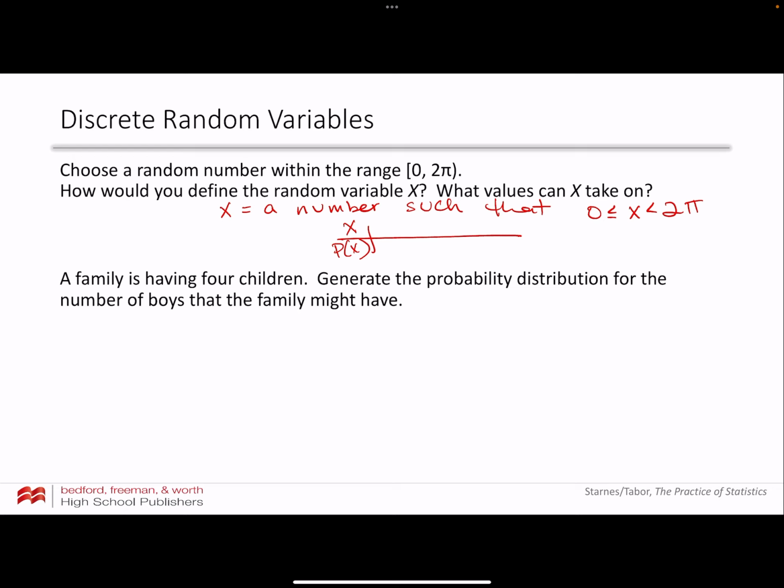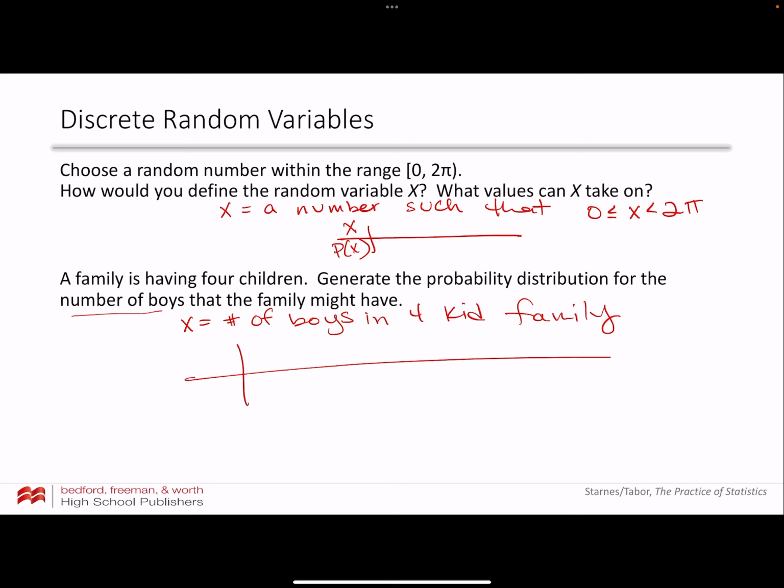family might have. Well, if x is the number of boys in a 4-kid family, x, the number of boys, could either be 0, 1, 2, 3, or 4. So if the family's having 4 kids, they could have boy, boy, boy, boy, right?